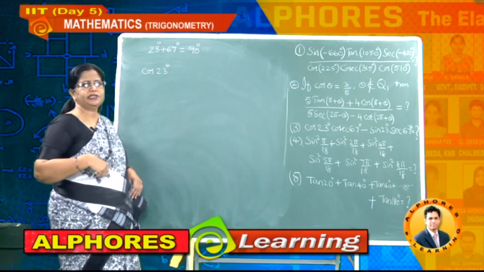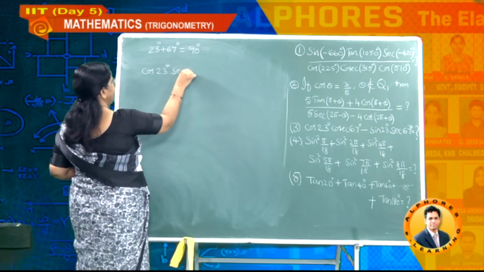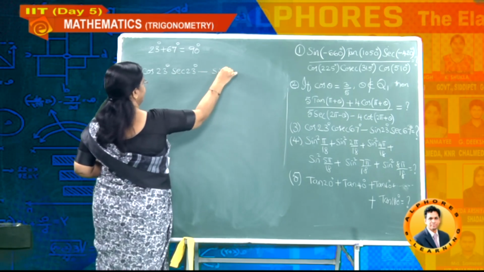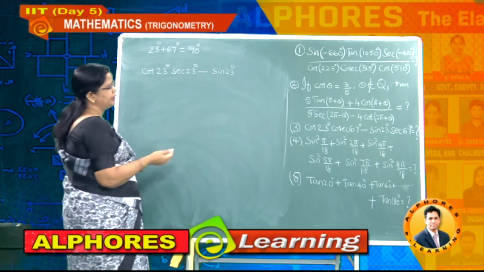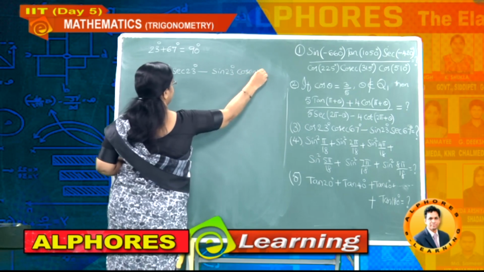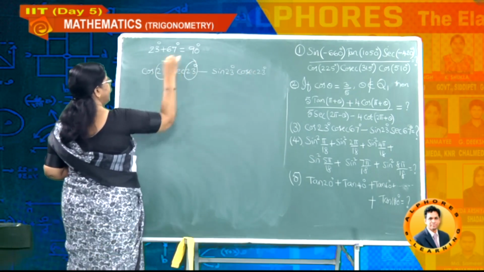Now, cosec 67 degrees, what is the value if you use it? It is secant 23 degrees, minus sin 23 degrees, and next the secant 67, if you use the complementary concept, will now be cosec 23 degrees.